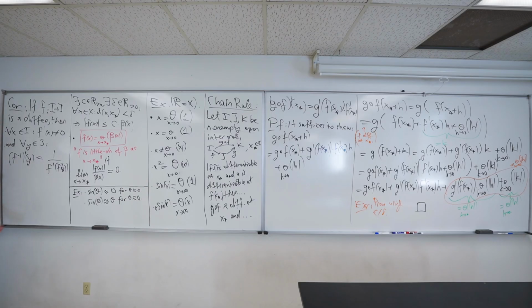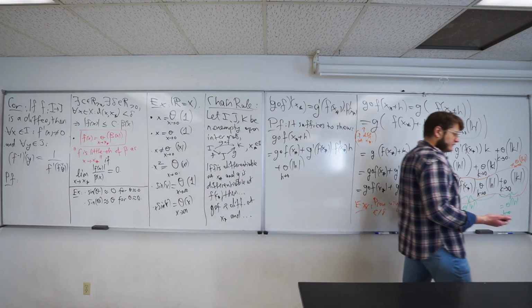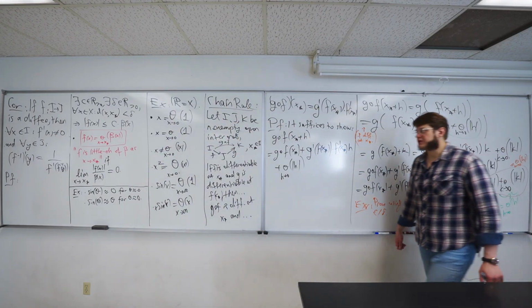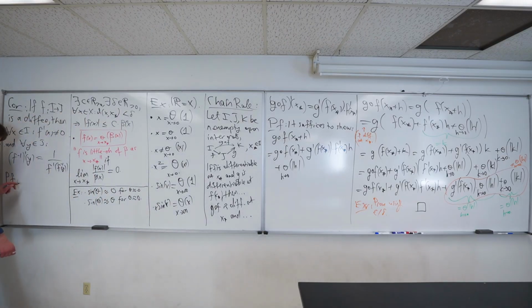Why is that? We just apply the chain rule to f composed with f inverse. You know that it is just the identity. That's what it means for f to be invertible. So for any x, I have that f inverse composed with f of x is x.